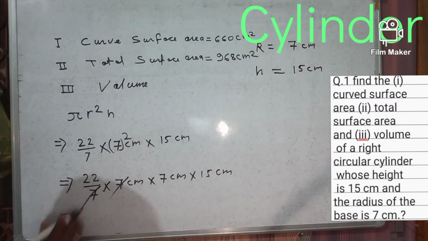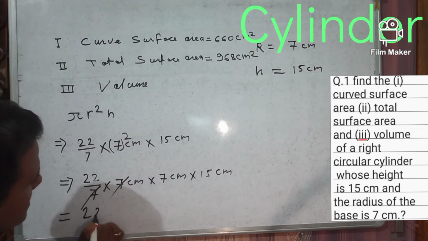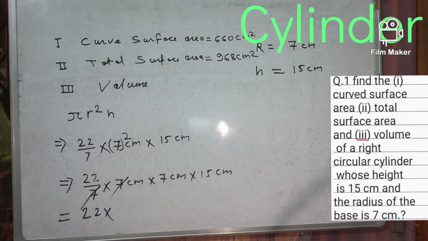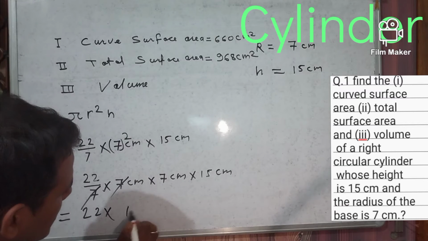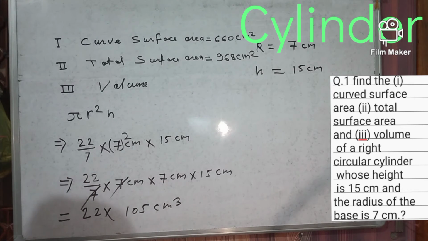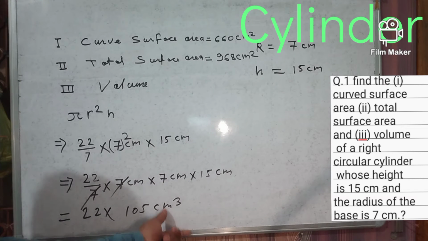So it will be 22 by 7 into 15. 22 into 15 into 7 will be 105 centimeter cube, because centimeter into centimeter into centimeter will be centimeter cube.